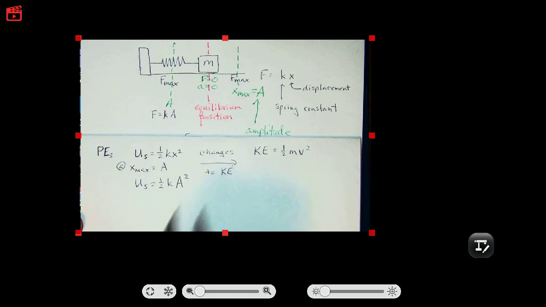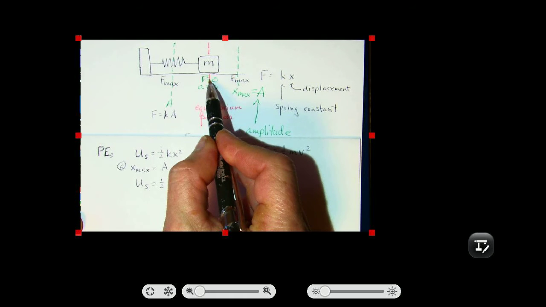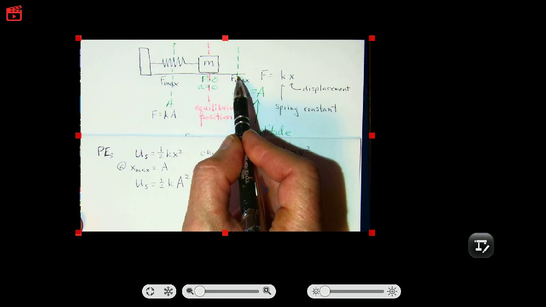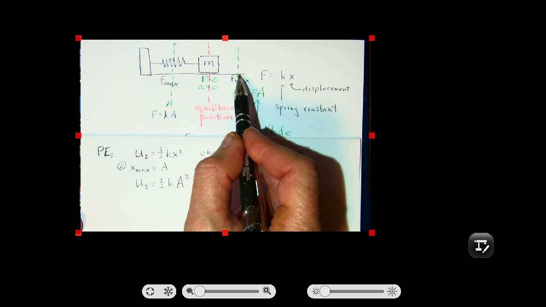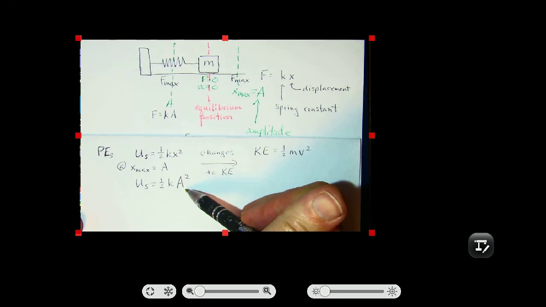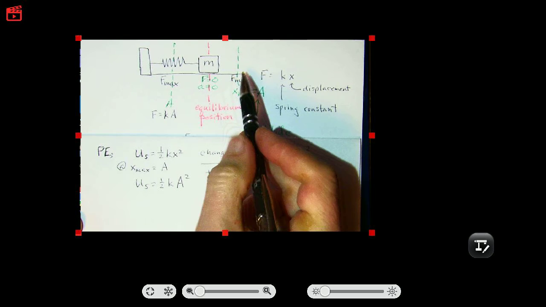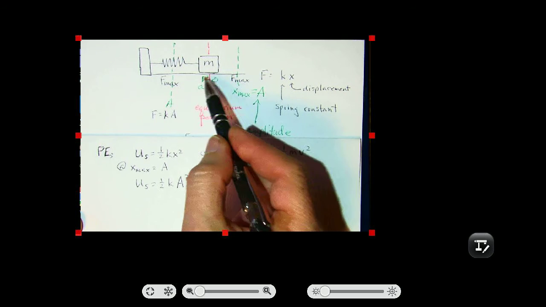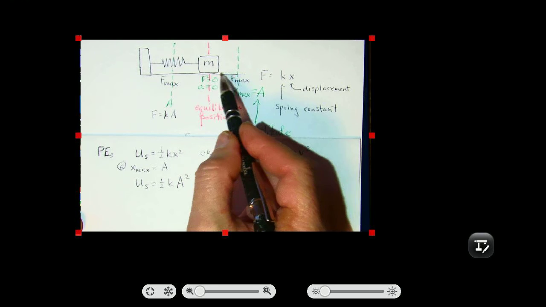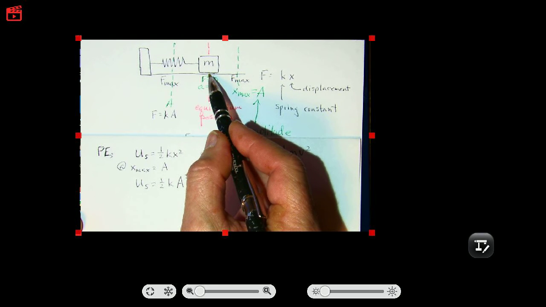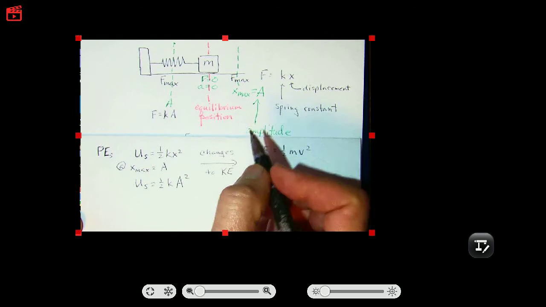If I want to find the velocity when it reaches this point, I can find that as long as I knew how much energy we started with. We started with this amount of energy. We released it, and at x equals 0, at our equilibrium position, all of that potential energy turned into kinetic energy.